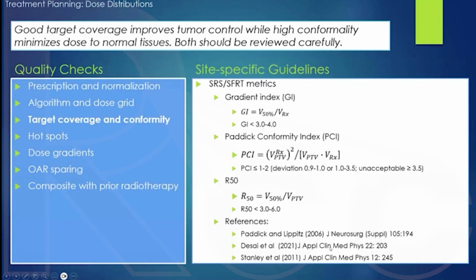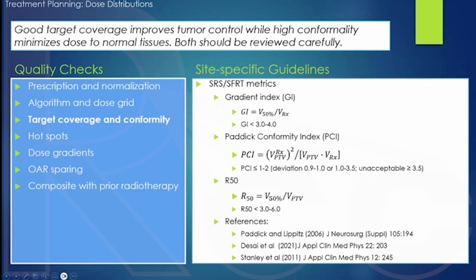Okay, there are a number of metrics out there that can be used to evaluate the dose gradient or the conformity, one of which is the gradient index. This is the ratio of the volume of the 50% isodose line relative to the volume of the 100% isodose line. Lower is better. It could be a Paddick conformity index. Here we're looking at the conformity of the prescription isodose line, not only accounting for the size and shape of it, but also for its spatial overlap with the target volume.